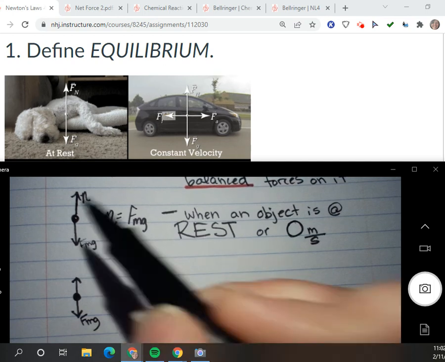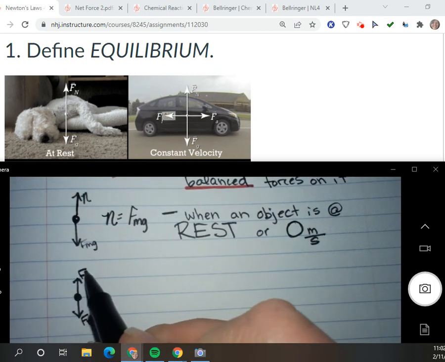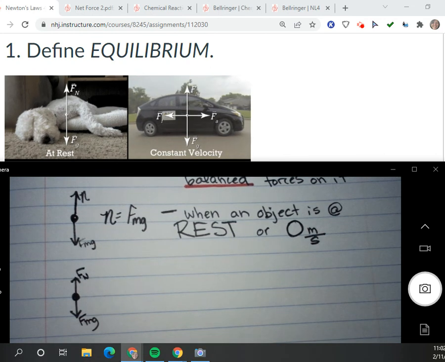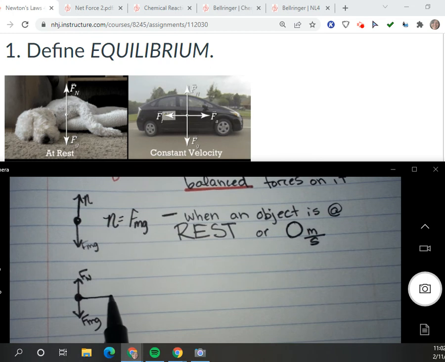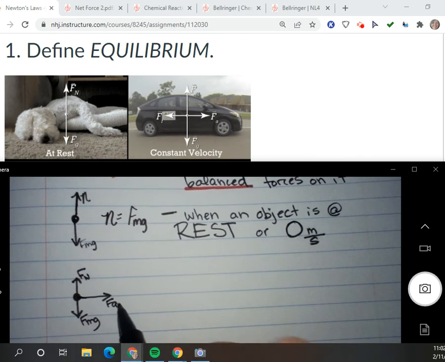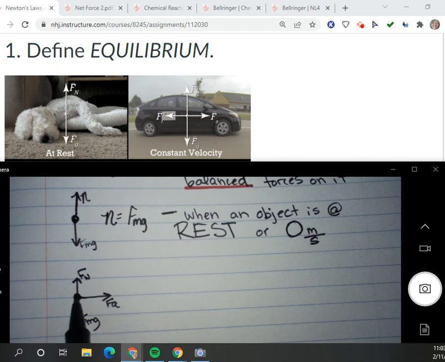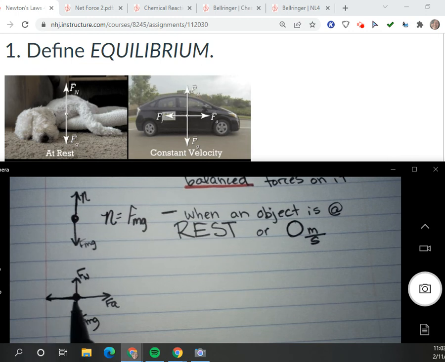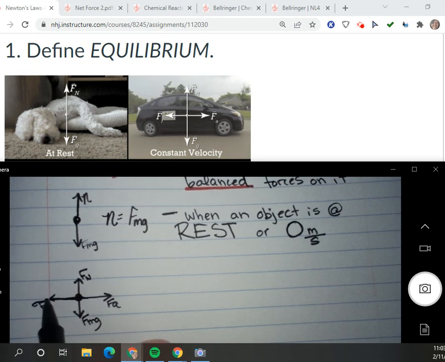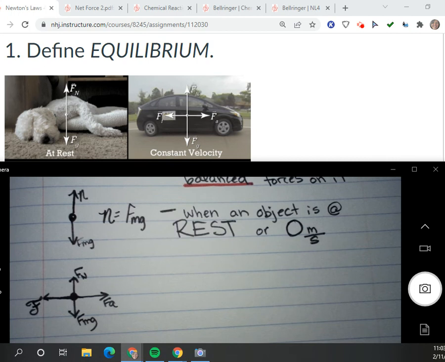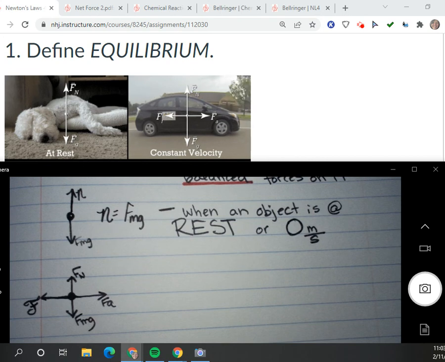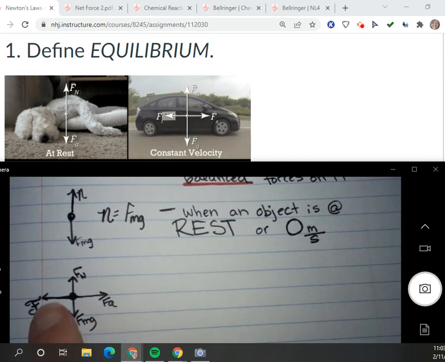It's got the normal force because it is touching a surface. Then we see that we have the force of acceleration and the force of friction. We can make our fancy F for friction. What do you notice about the arrows?